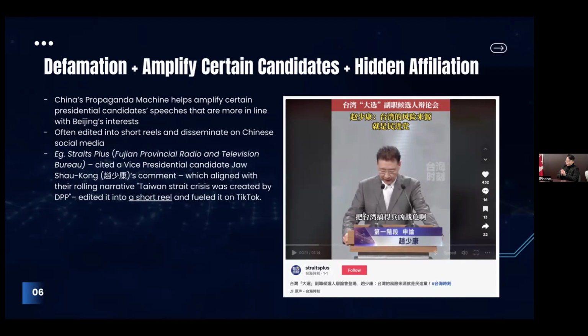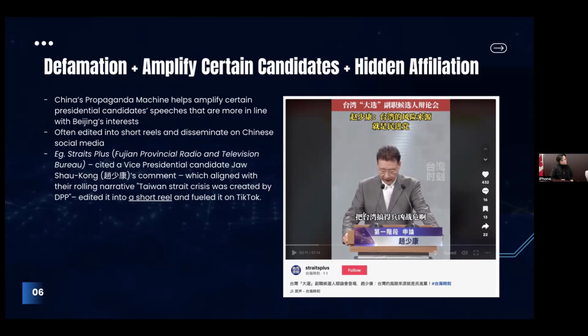The Chinese propaganda machine usually likes to amplify presidential candidates that are more in line with their interests. They like to edit those speeches into short reels and disseminate them on Chinese social media platforms.